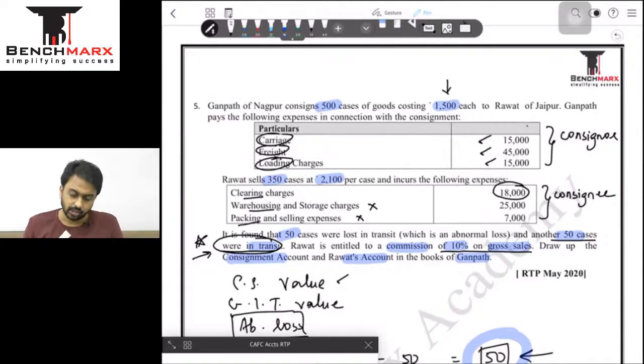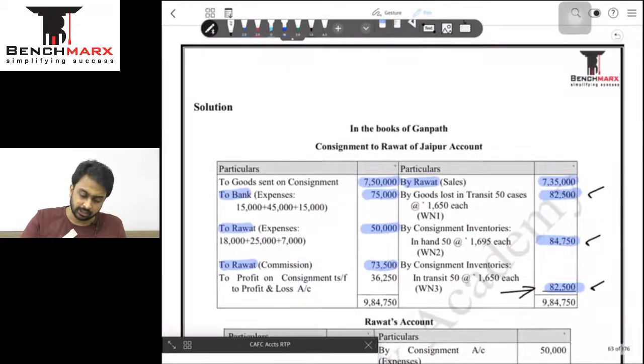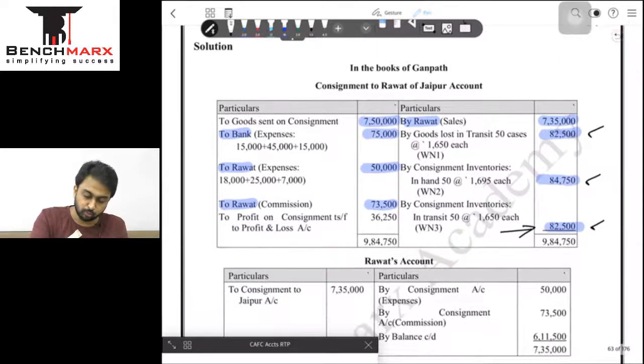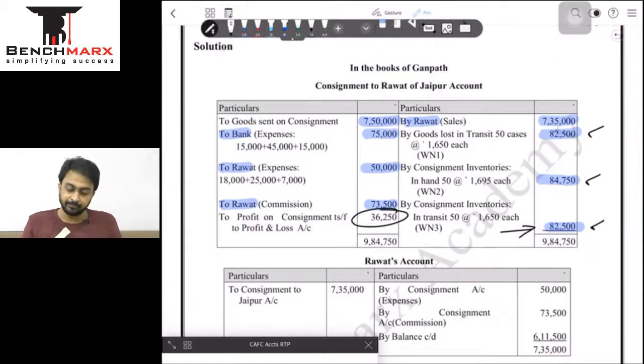And that is how you do all the posting in the consignment account, and once you balance everything, you will get the balancing figure as 36,250. That is nothing but the consignment profit, which will be transferred to the profit and loss account.